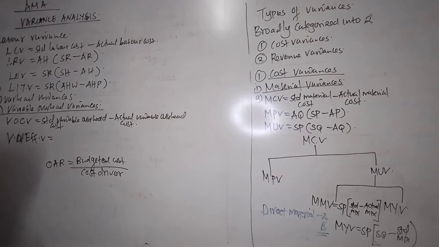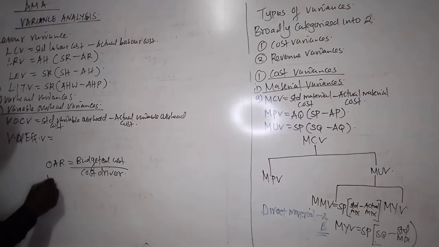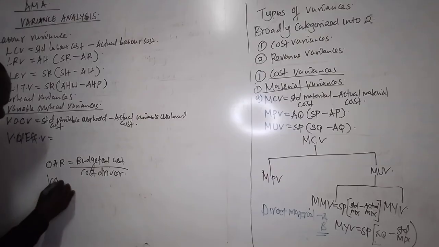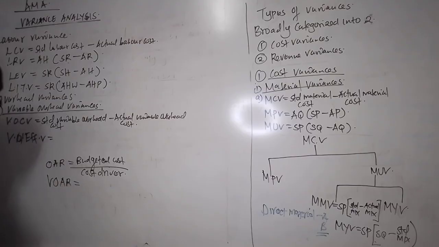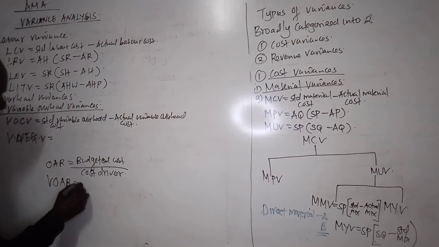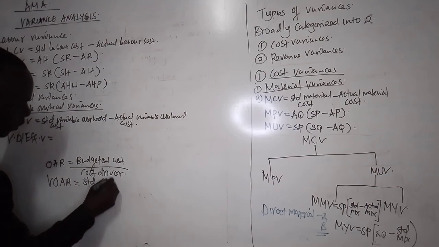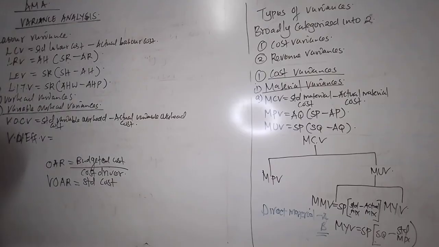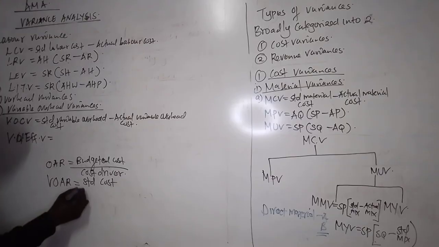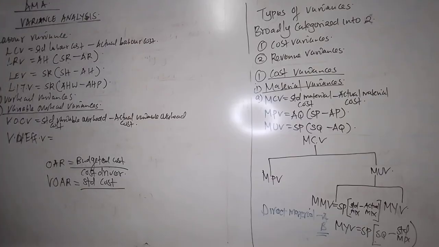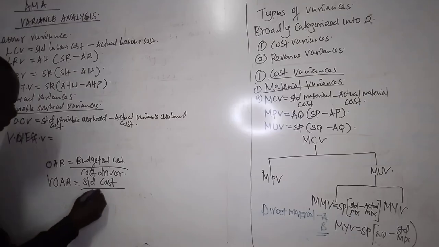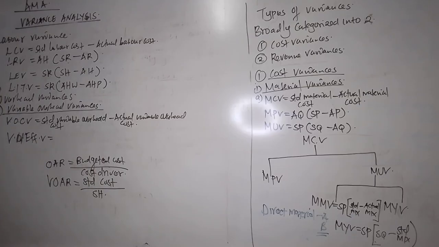So the question now arises on how we are going to compute the variable overhead absorption rate. It will be given by the total variable standard cost, then we divide by the cost driver, which in this case will be the standard hours.